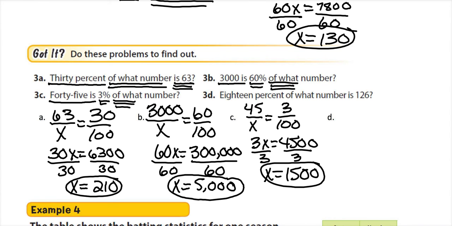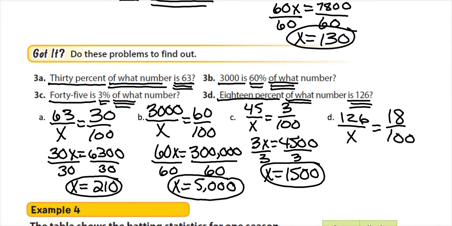Okay, and then letter D, 18% of what number is 126? So 18% of what is 126? So that's 126 over of equals percent over 100. Okay, so that's 18x, and that's going to give us 12,600.